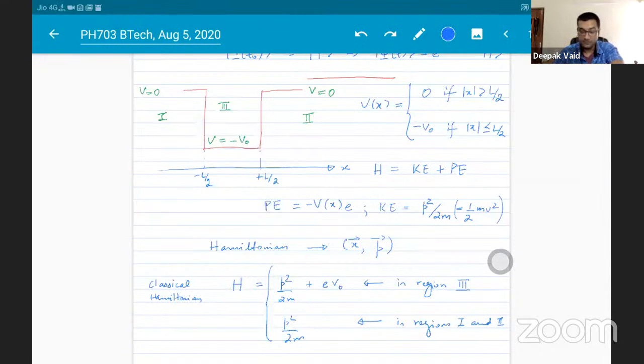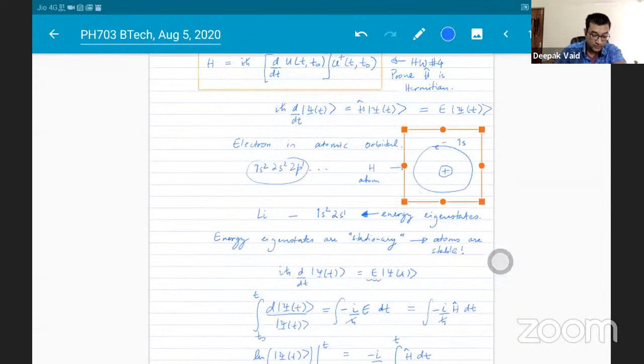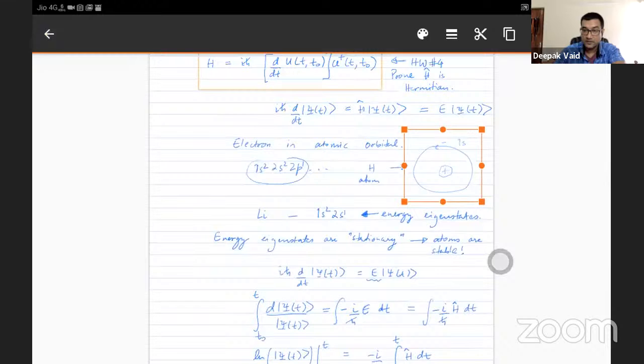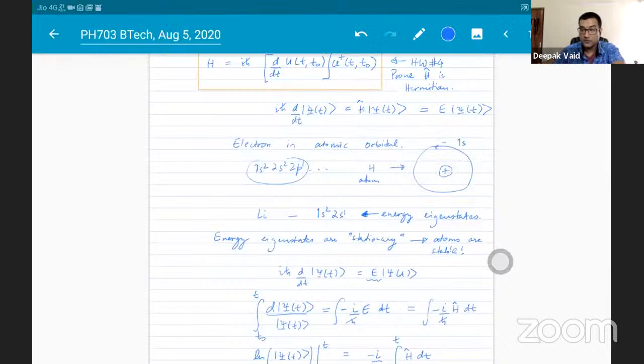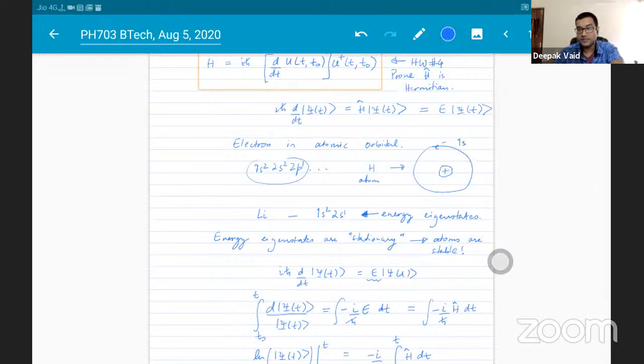Another thing is that I gave you this example of the hydrogen atom. In this case, the Hamiltonian is not position independent. But it's path independent, right? There's a difference between path independence and position independence. Path independence is a completely different thing. It is the statement that if you go from point A to point B, the work done depends only on the endpoints.